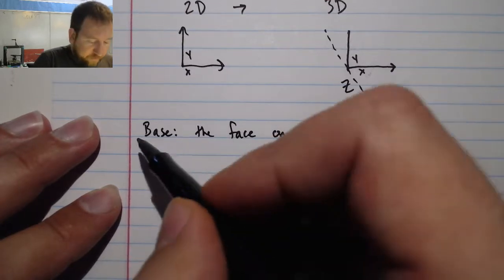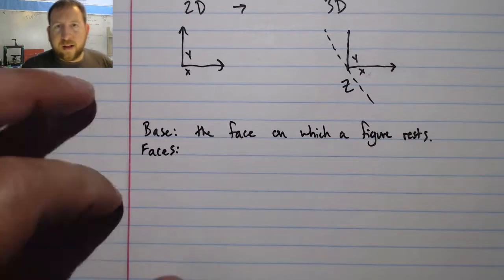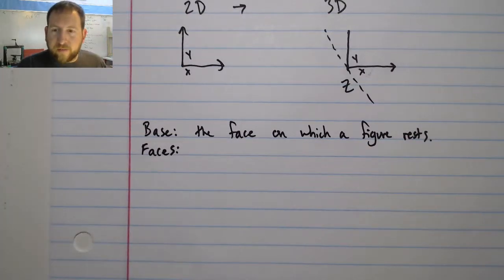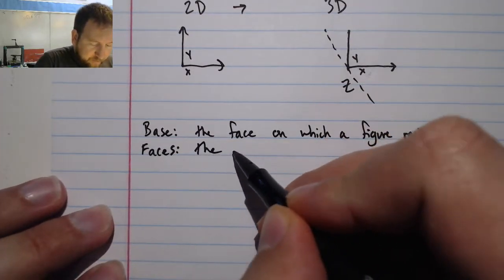I guess I also need faces in here. Not like our face, but a face of a shape in this case are what we would commonly call sides. The fancy name for side.